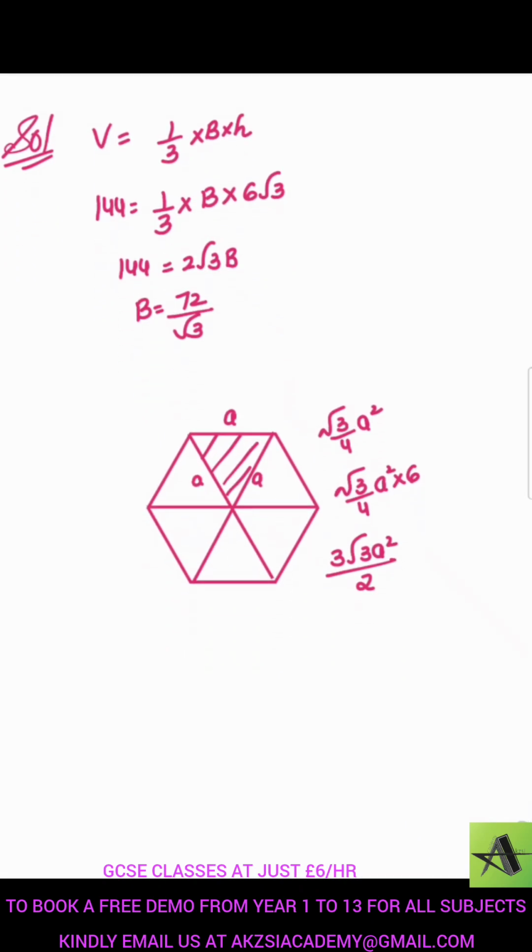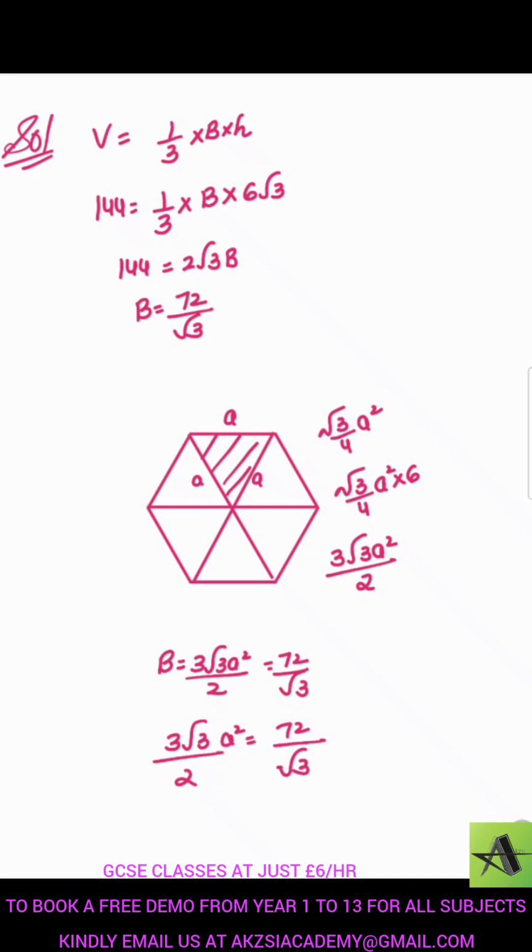And now base is what? B is the area of the hexagon. So we know now that the area of the hexagon is 3 root 3 a squared by 2, and also it's 72 over root 3. So let me equate it. 3 root 3 over 2 a squared is equal to 72 over root 3.